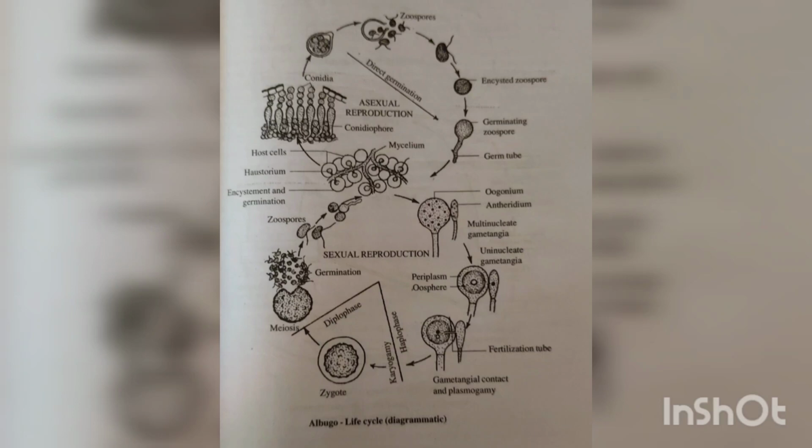Similarly, the sexual reproduction by the production of oogonium and antheridium: how they come close to each other, how the fertilization tube is produced, how it develops into the zygote, and then how the oospore germinates and the zoospores are released, and how the zoospores get into the host tissue and form the coenocytic haploid mycelium. This is the diagrammatic representation given here.